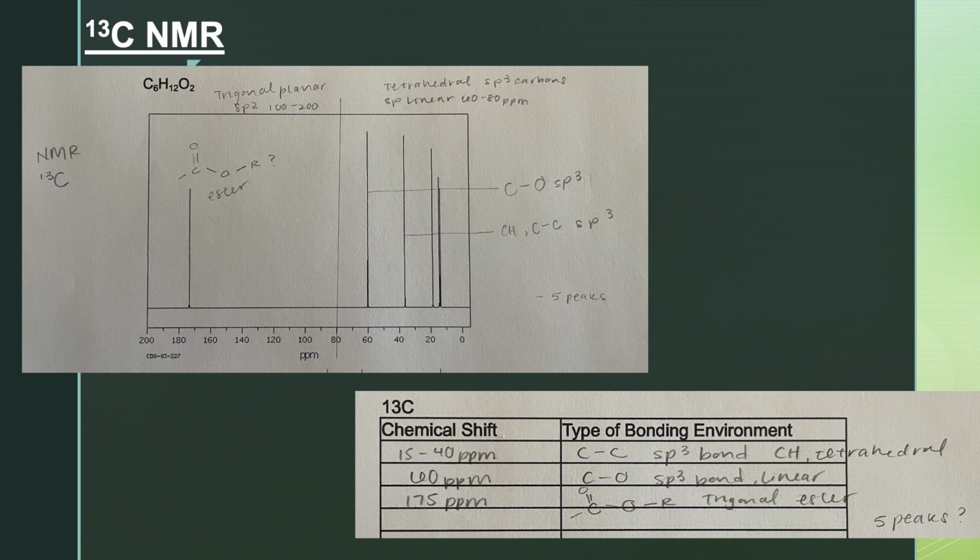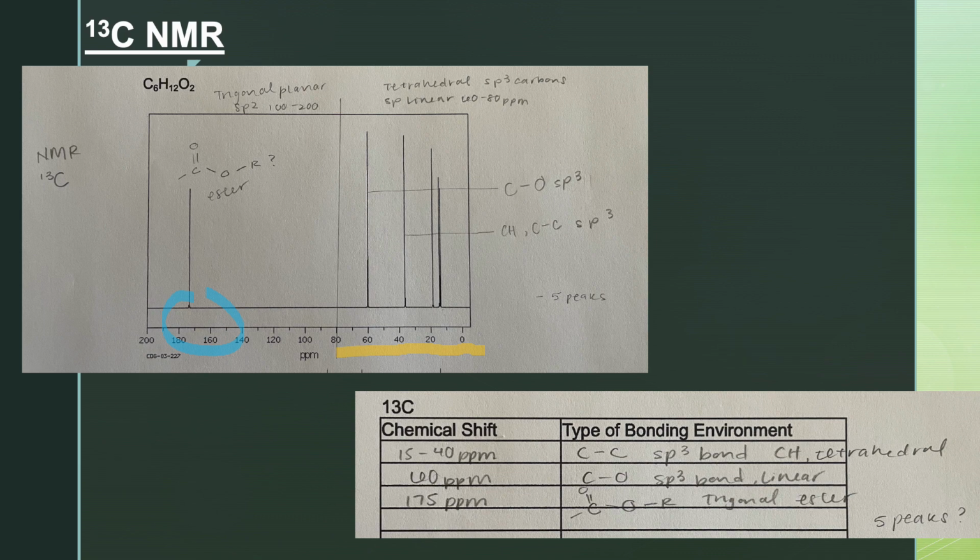Moving on to our 13C NMR, we have tetrahedral sp3 carbons upfield to the right, and these are going to show up below 80 parts per million. We also have downfield, one peak showing up near 175, and these downfield peaks are going to be our trigonal planar sp2 carbons.